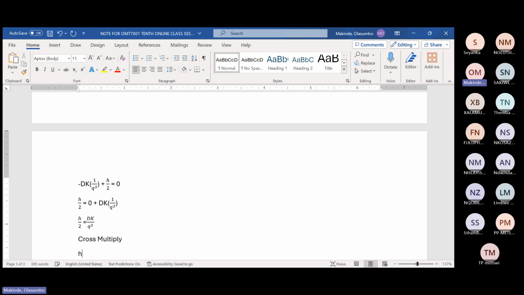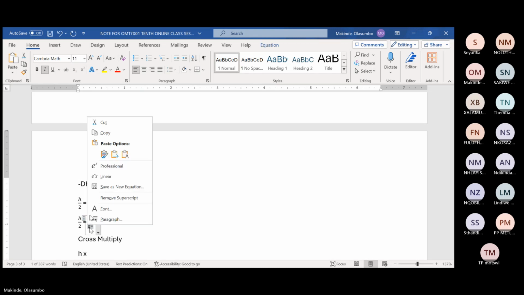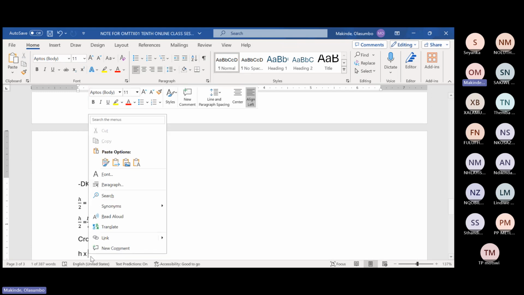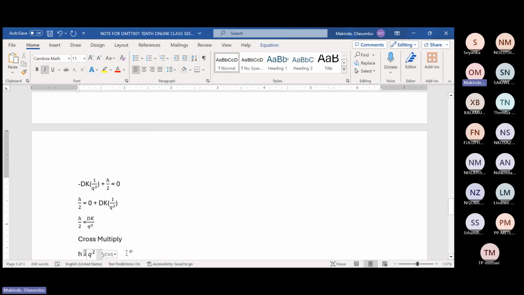So that will give you h times q squared is equal to 2 times dk.